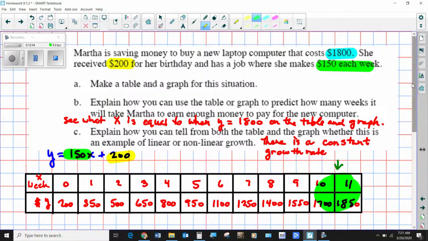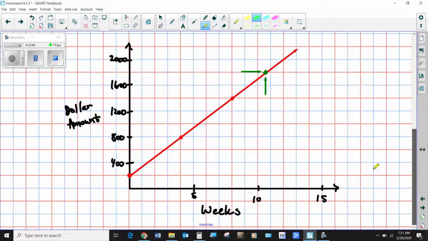Let's take a look at how this would look on the graph. Y-intercept is at 200, and then it grows by 150. And once you get to here, does that look like it's about 10 2/3? Yeah, looks like it. I'm going to go ahead and solve this problem just to verify that the answer is 10 2/3. So our goal is to get to 1,800, and we're saving $150 per week. And we started with 200.